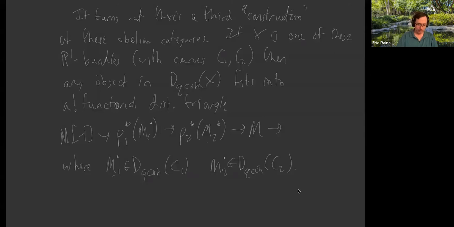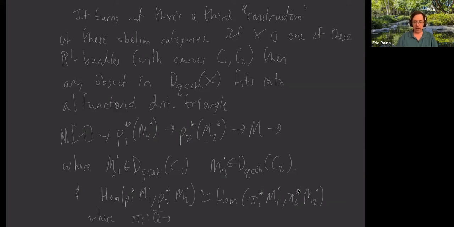Well, the maps are basically mediated by the maps pi, where pi 1 and pi 2 are our double covering maps.